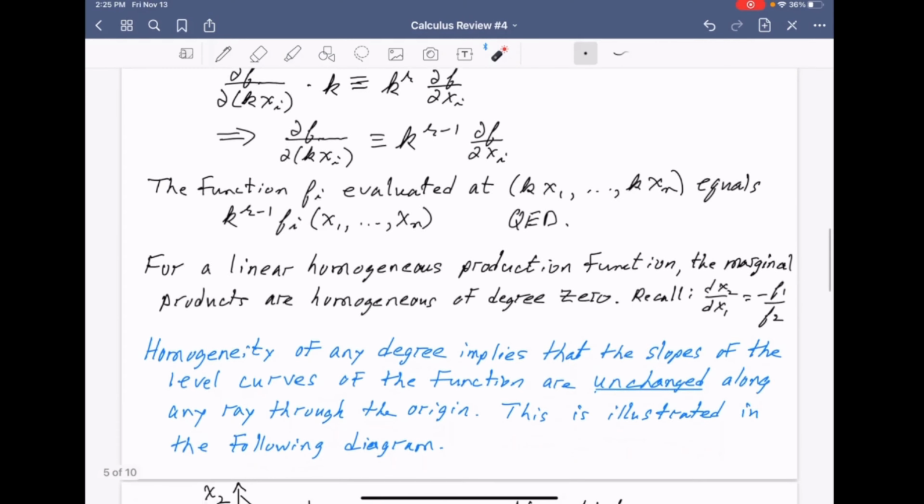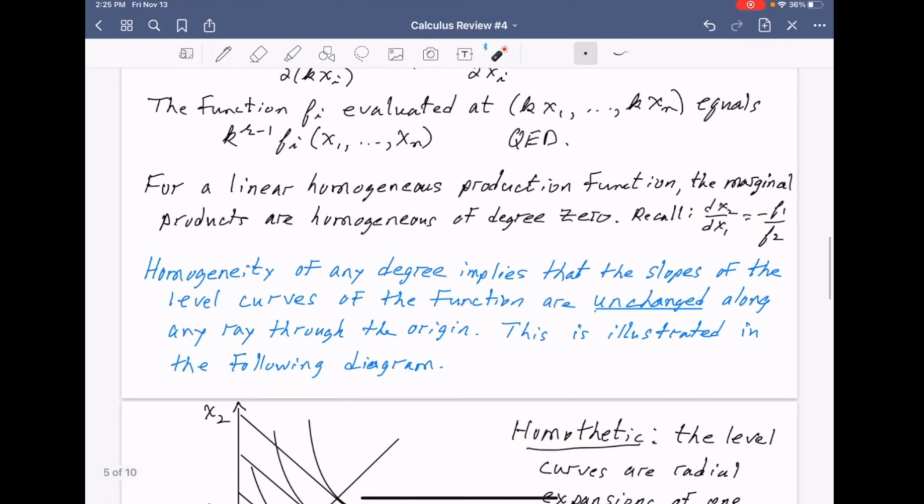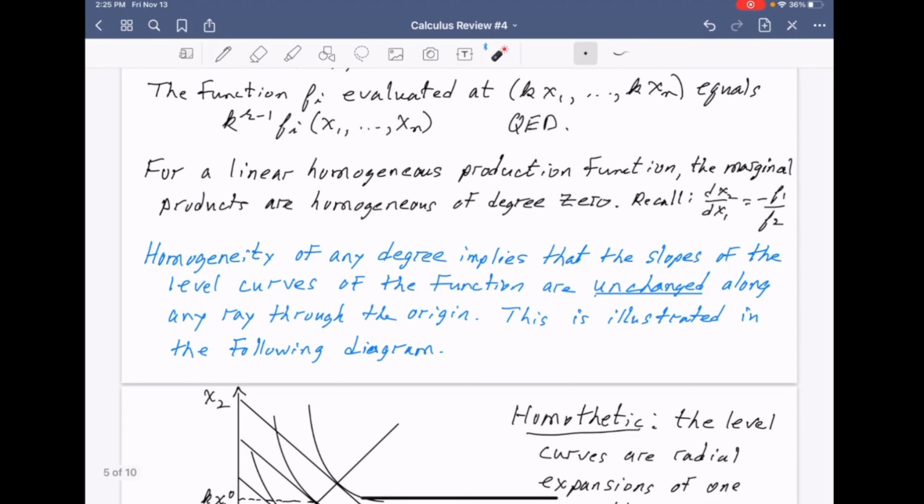For a linear homogeneous production function, the marginal products are homogeneous of degree 0. Recall this expression here, that the slope of some level curve is equal to minus f1 over f2, where the 1 and the 2 refer to the partial derivative of that function with respect to input 1 and input 2.